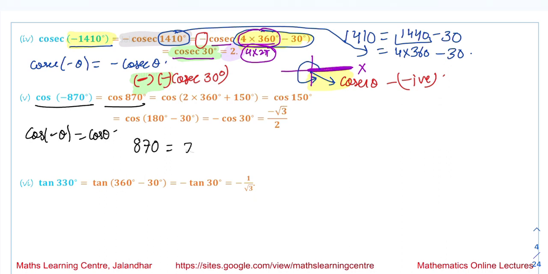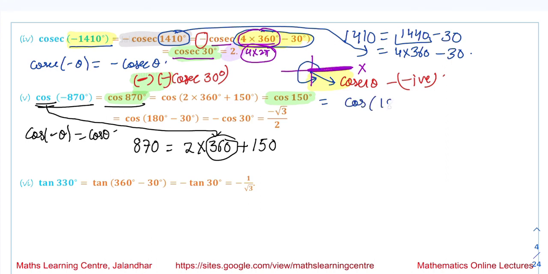We can write this as 2 into 360 plus 150. So this cos function we have over here, and the period of cos is 2 pi. So we are saying this cos of 870 will become equal to cos of 150, and this is equal to cos of 180 minus 30.